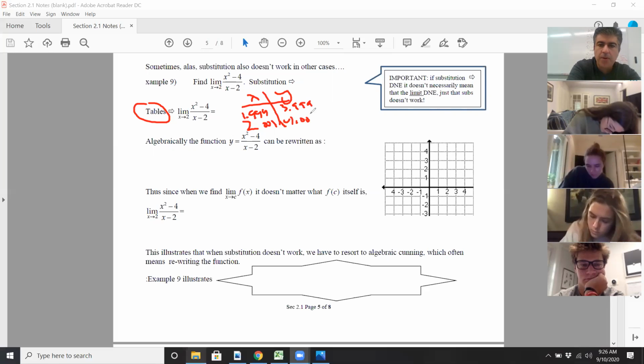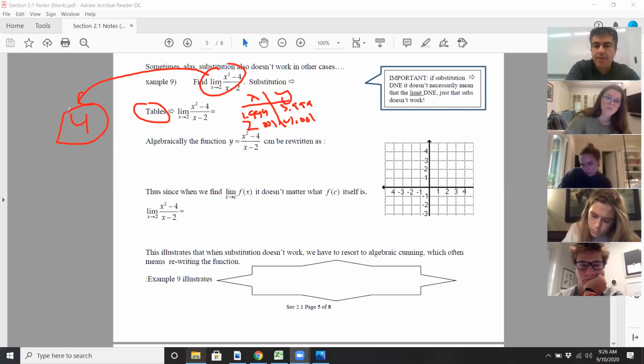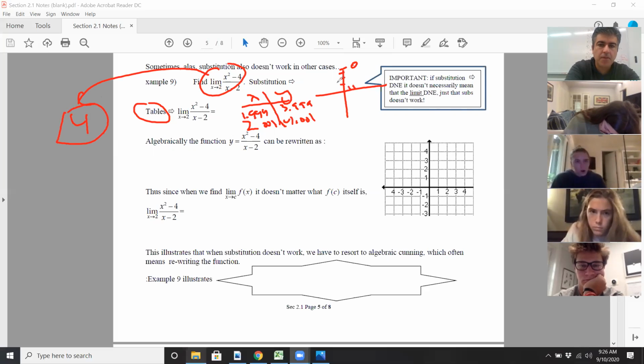The numbers are pretty darn close to 4. So I suspect my limit's going to equal 4. If I were to graph it, you probably will see something that looks like a linear function. So you'll probably get that.